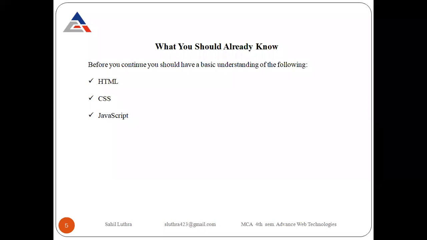After that, the second one is internal or embedded CSS. So what is internal or embedded CSS? Basically, this can be used when a single HTML document must be styled uniquely. When you are going to style or decorate a single HTML web page, at that time we use internal or embedded CSS.